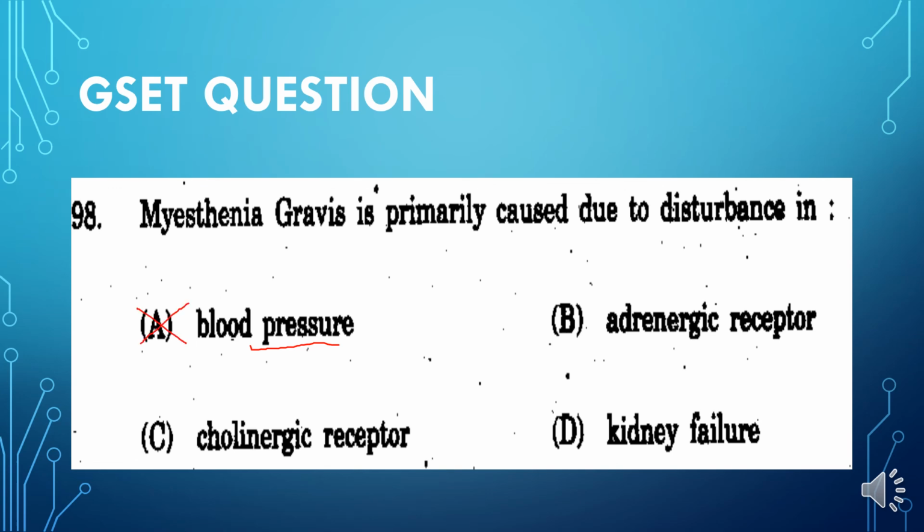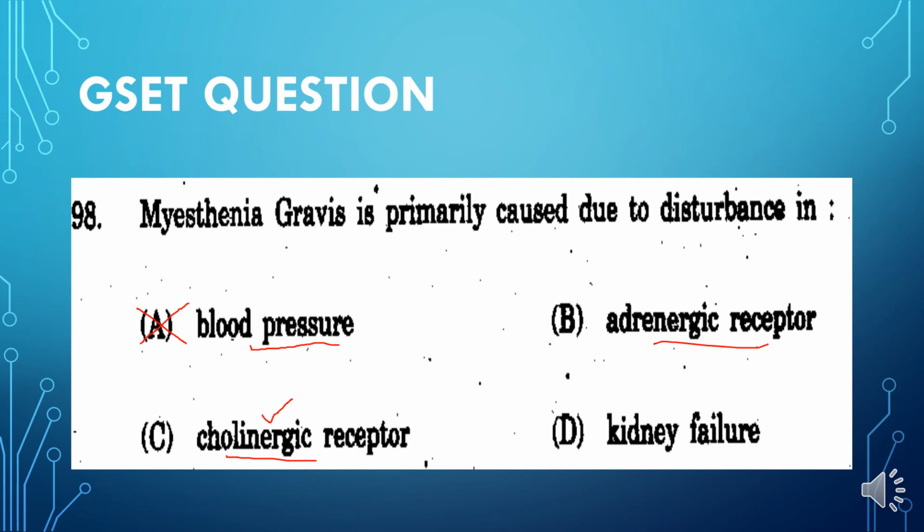Then we have two types of receptors, the adrenergic and cholinergic receptor. We know that both adrenergic and cholinergic receptors are able to bind with adrenaline and noradrenaline, but while we are talking about myasthenia gravis, the neurotransmitter is acetylcholine, and only the cholinergic receptor binds to acetylcholine.